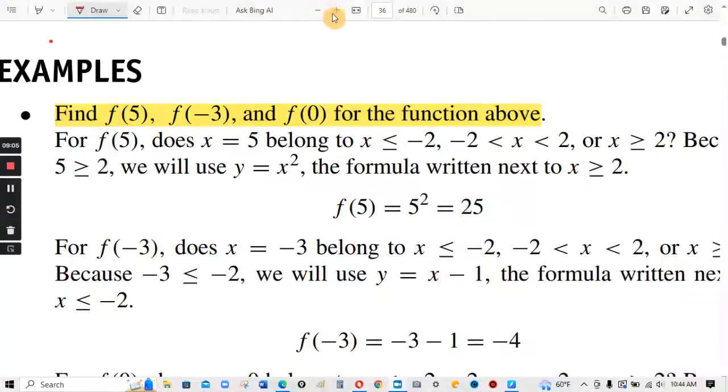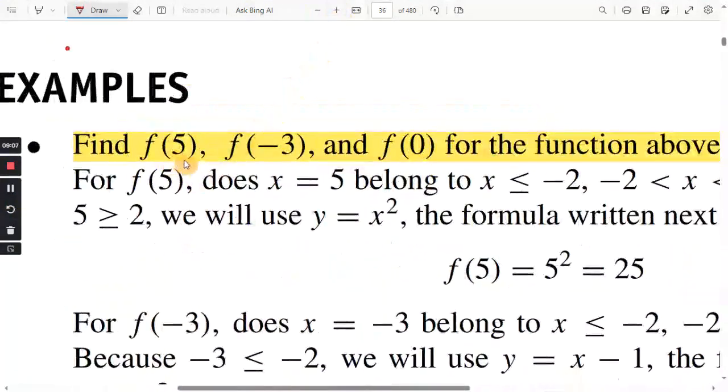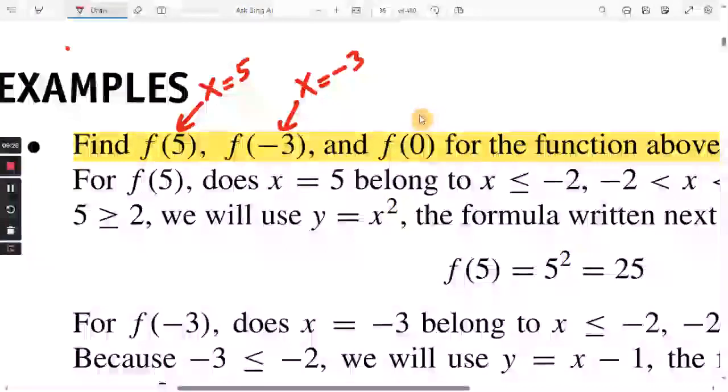Okay, so they want us to find f of 5, f of -3, and f of 0 for the function above. These are the values that we're plugging in for x. So this is going to be x equals 5, this is going to be x equals -3, and this is going to be x equals 0. We have to use the correct interval for 5, -3, and 0.